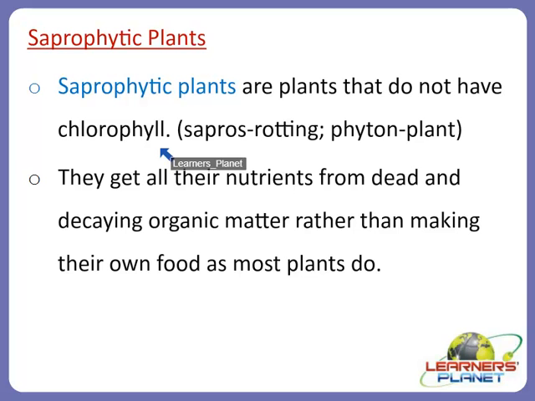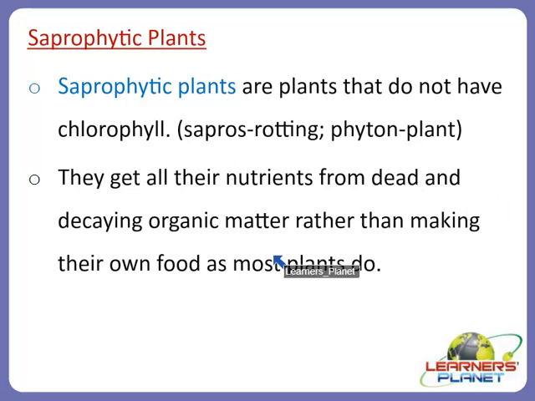Try to recall now that green plants are able to manufacture their food, but they will not be able to manufacture their food without chlorophyll. So if there are some plants that do not have chlorophyll, then how can they manufacture their own food?